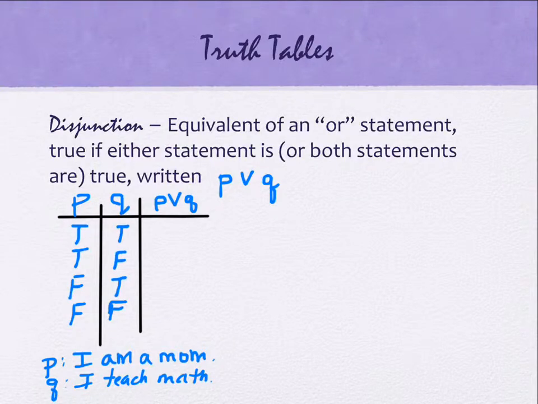So if I come into you and say, I'm a mom and I teach math, the statement would be true. Now, this one's going to be the same thing with the word or. So if I come into you and I say, I'm a mom or I teach math, the statement is also true. It sounds awkward and it sounds really strange to put the word or in there, but it is true. I am one or the other. In fact, I'm both. So it is a true statement when we have two true statements and an or combining them.